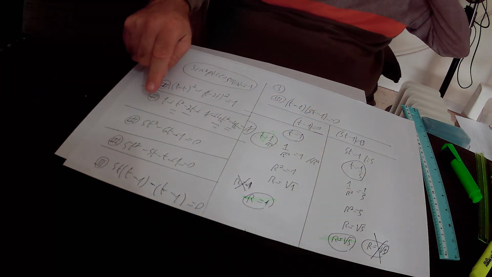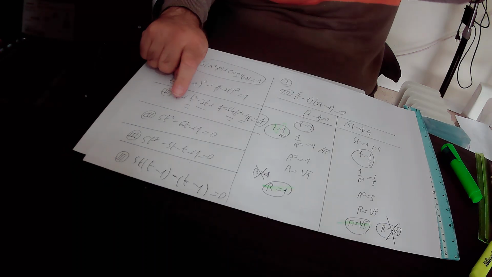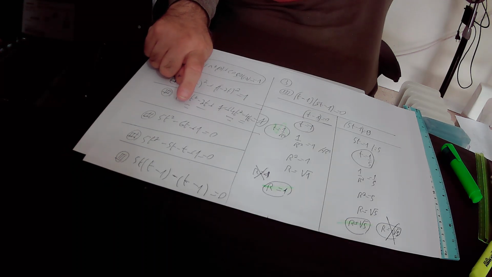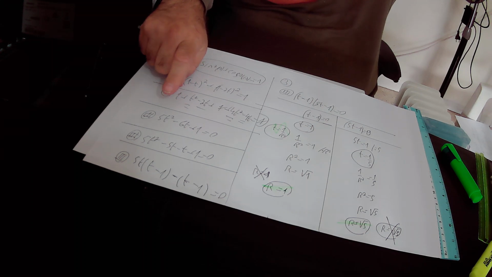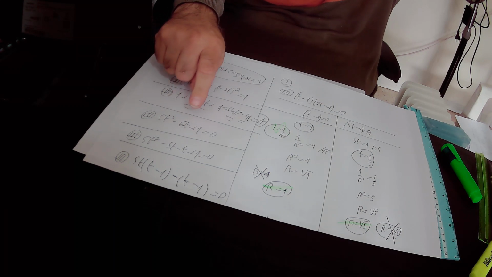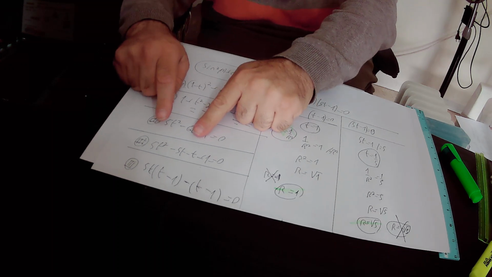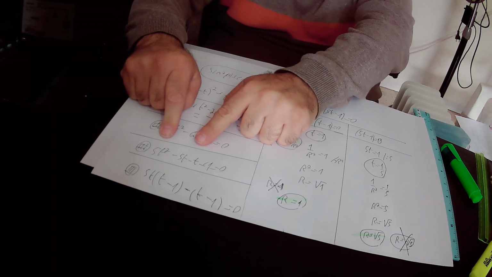Again, according to equation number 3, 5t squared minus 6t plus 1 equals 0. Then we substituted minus 6t by minus 5t minus 1t, and found out that 5t squared minus 5t minus 1t plus 1 equals 0. Then we took out 5t as a common factor from those two expressions.